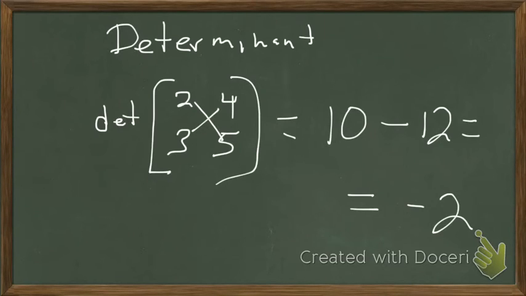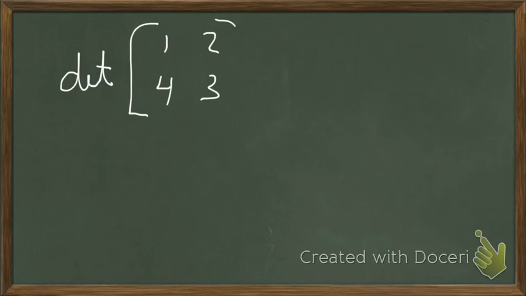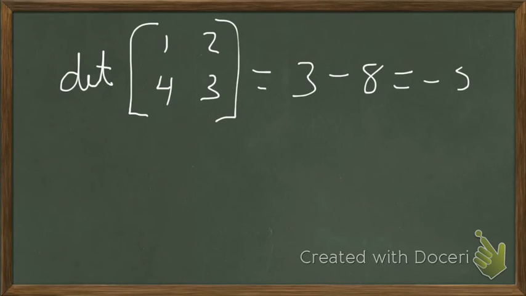So the determinant of this matrix is -2. Okay. A determinant is always just a single number. Right, we did something like that, we get 3 minus 8, which is -5. Now that's a 2 by 2 matrix.